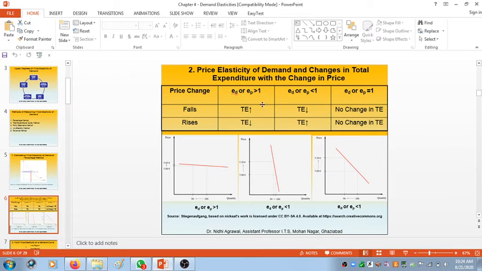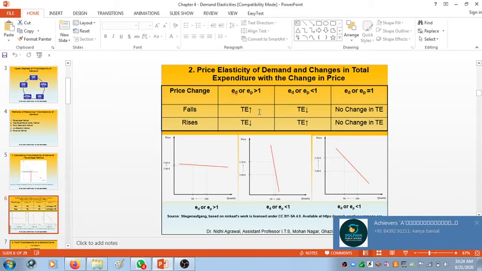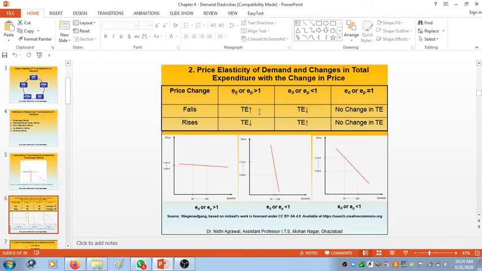When elasticity is greater than 1, what is the meaning of that? If the elasticity value is higher, then the possibility of the customer shifting from one product to another will be higher. If there is a change in price, maybe a fall, maybe a rise, then the scope for the consumers to shift from one product to another will be higher.